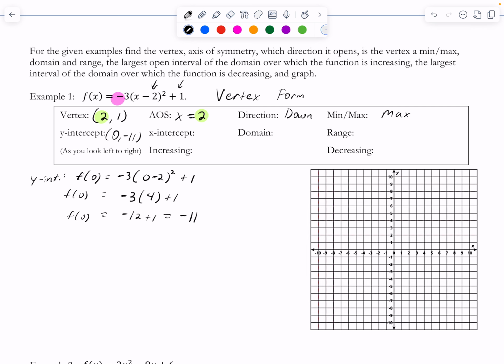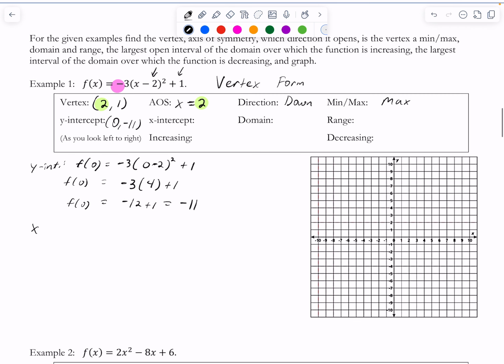That's fine. To find the x-intercepts, I am going to set the function equal to 0. So 0 equals -3 times x minus 2 squared plus 1.